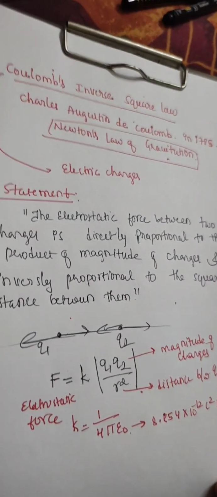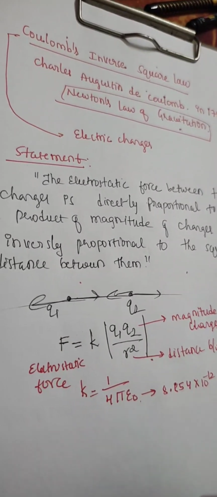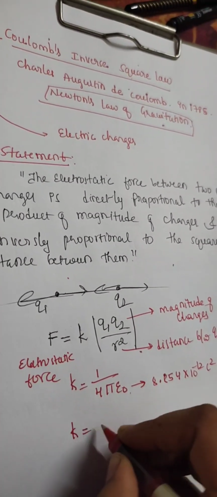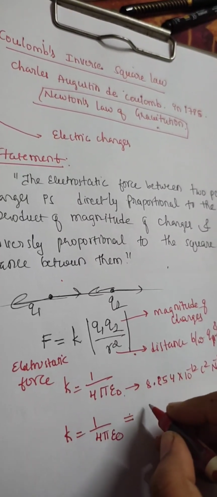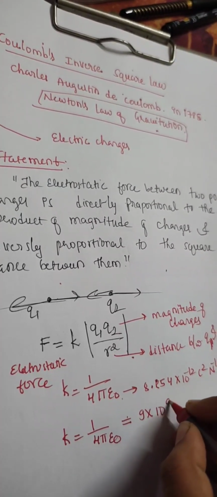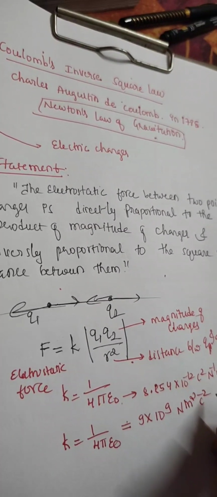The value of K, that is 1 by 4 pi epsilon naught, is 9 times 10 to the power 9 newton meter squared per coulomb squared.